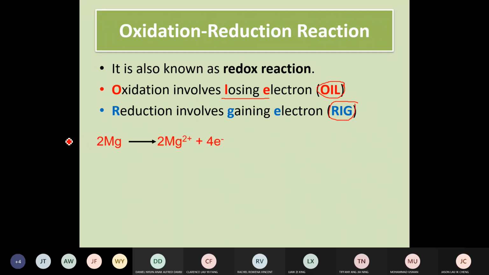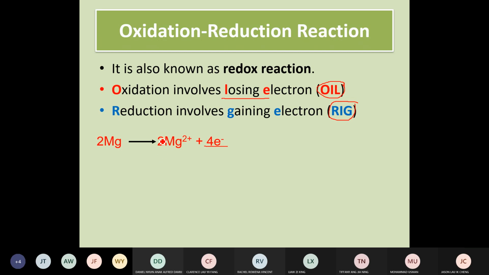Now, for example, here, magnesium. When you see magnesium here, that magnesium is losing electrons, right? So oxidation is happening on magnesium here because it's losing electrons. It's not that simple, that you just see the 4 electrons going out, so it's oxidation.